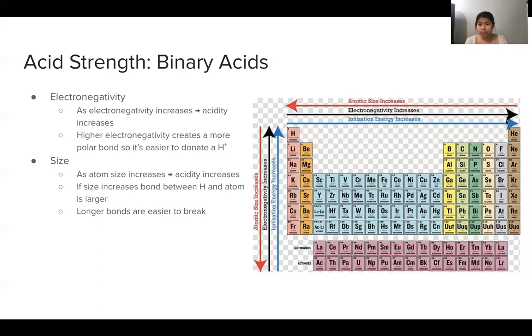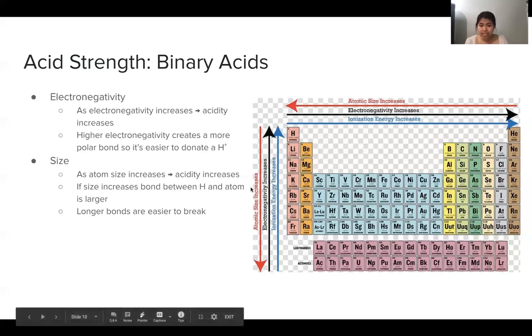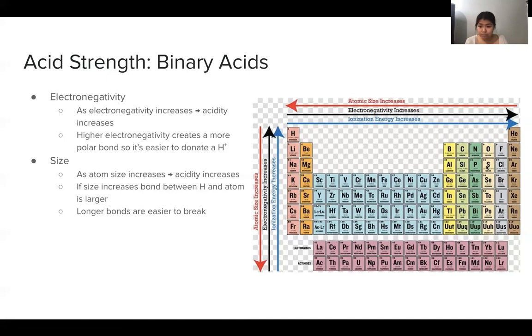Why is that? Well, let's look at the atomic size trend. It's going to be this red arrow. As atomic size increases, acidity increases. That's because if you take a larger molecule, let's compare Br and Cl, HCl and HBr, which of the two is larger?